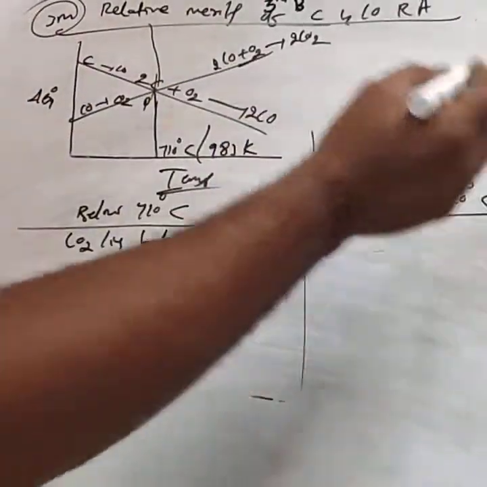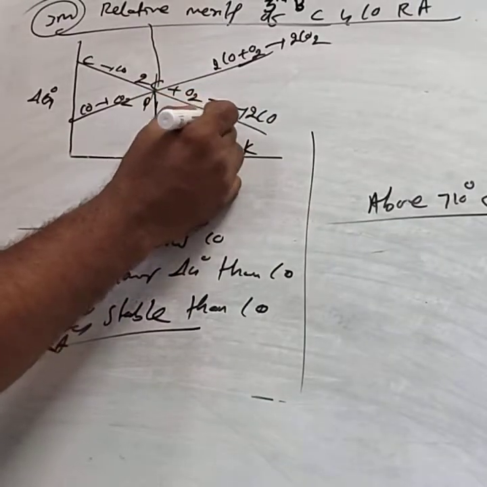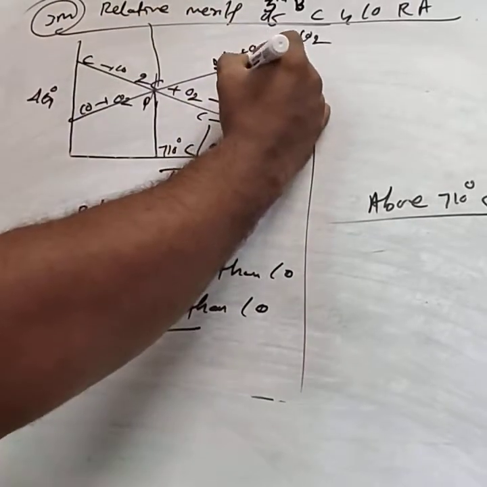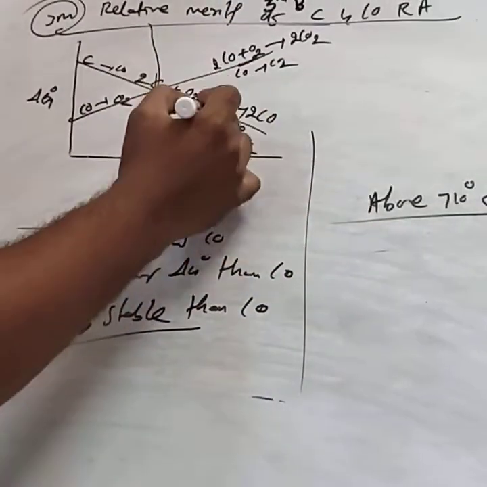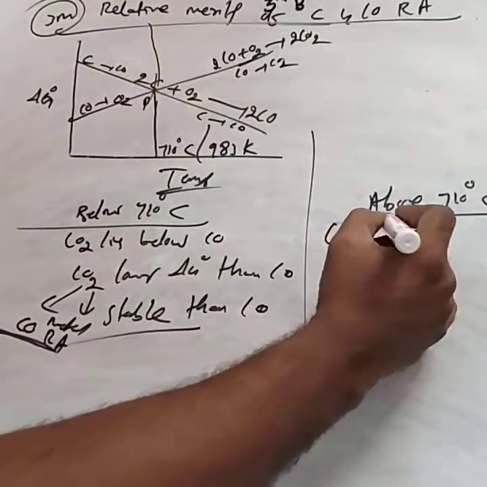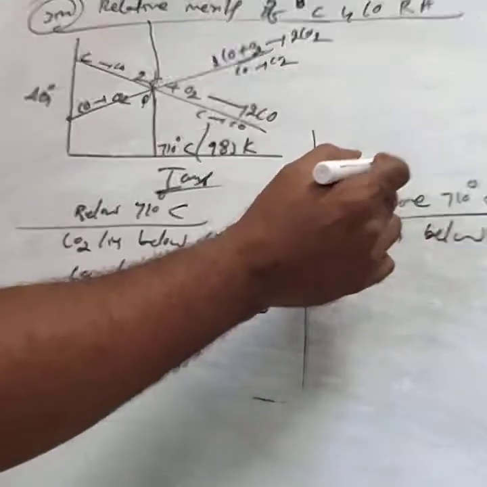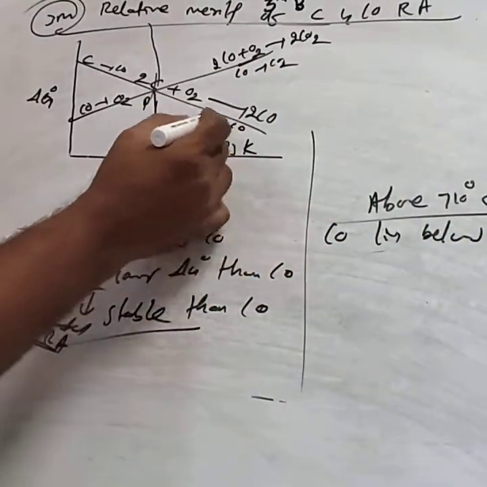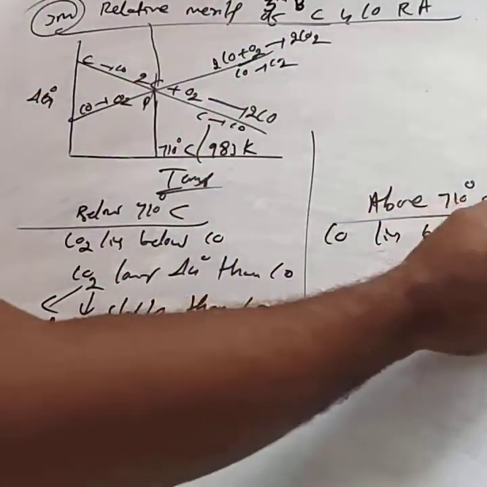Next, above 710 degrees Celsius, out of C to CO and CO into CO2, the CO line lies below that of CO2.